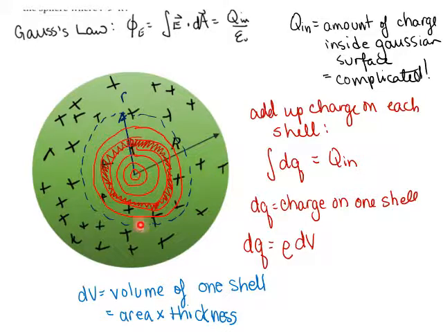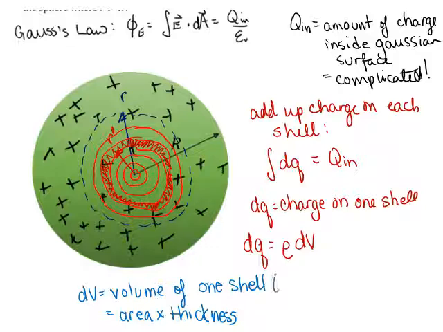Okay, so let's get some notation here. We've already used r for the radius of our Gaussian surface. We need a different r to be the radius of our shell. So I'm going to call that r primed. So from the center to my shell is going to be a distance of r primed.